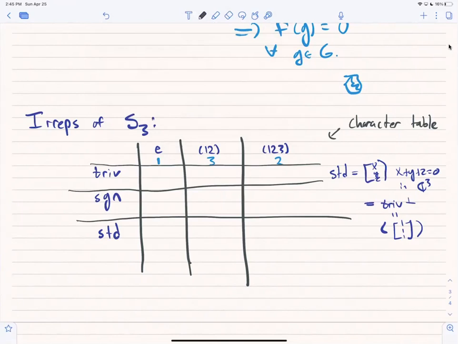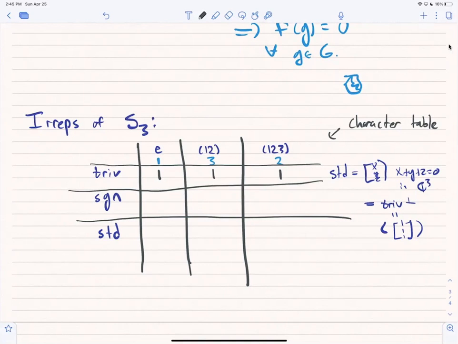Well, the character of the trivial representation is just 1, so 1 across the board, because every element goes to the 1-by-1 identity matrix. And the sign representation is, again, 1-dimensional.